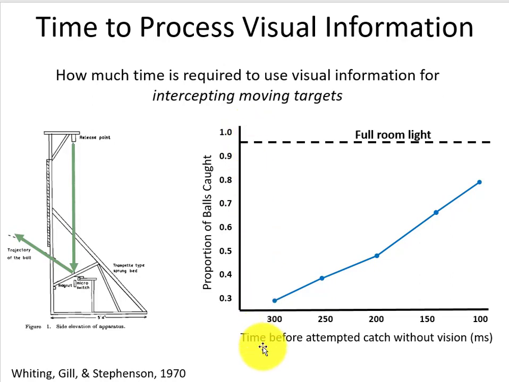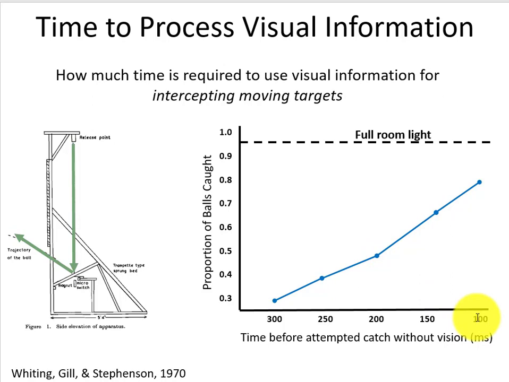And what you can see is that as you get more time, more light available to you, your actual performance increases, okay? So on the horizontal axis, it's the time before attempted catch without vision. So this is 300 milliseconds without vision. So you're about 30% levels, which is worse than chance. If you only have 200 milliseconds, you're about chance levels, so 50%.